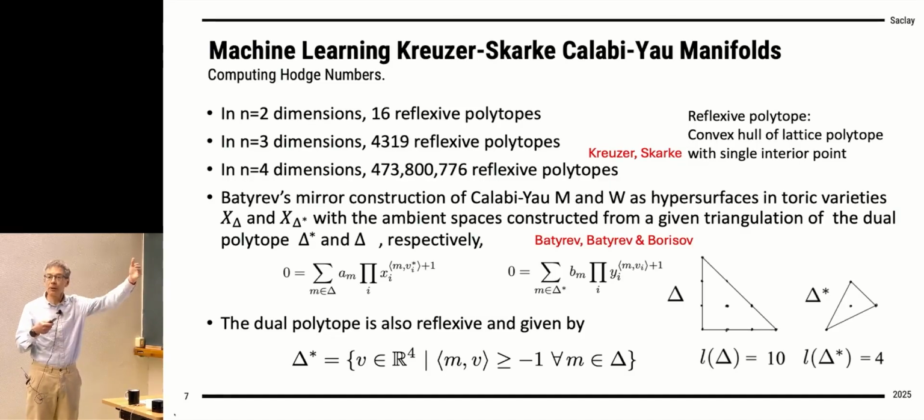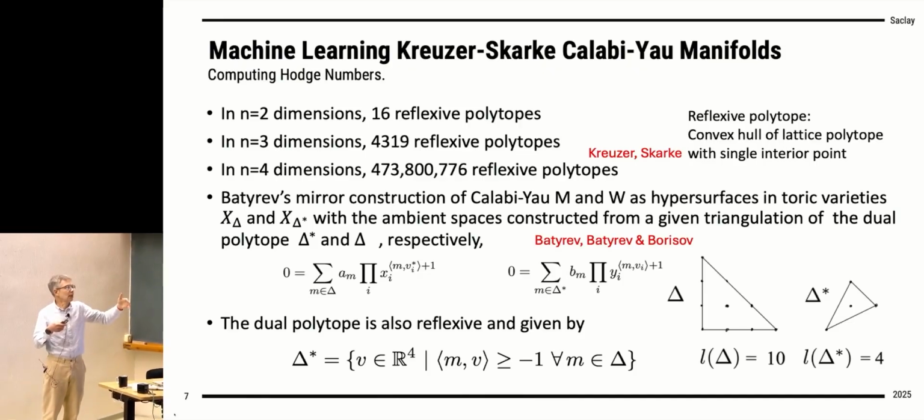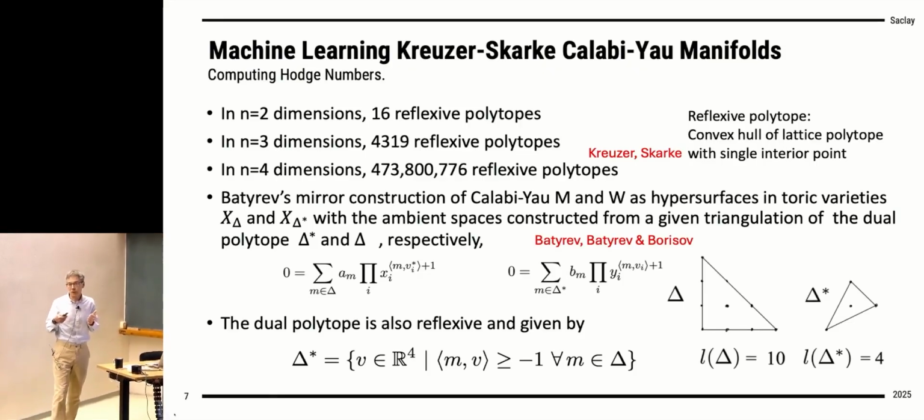But in particular, the topology of the geometry that we're talking about here gives you the information about the number of generations.